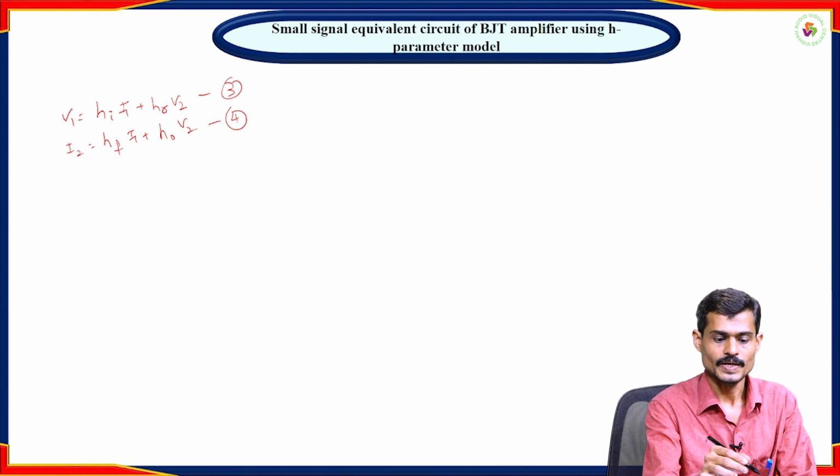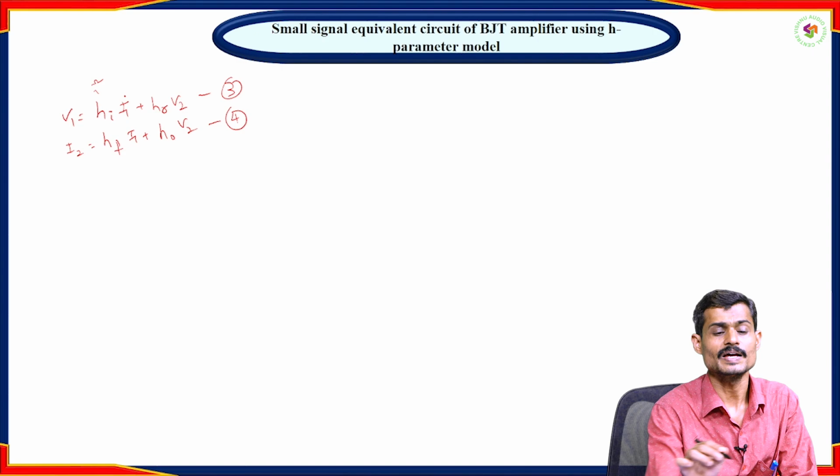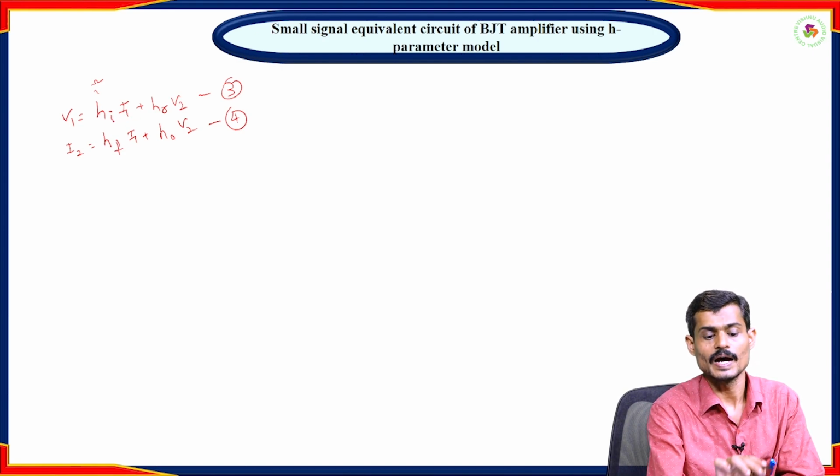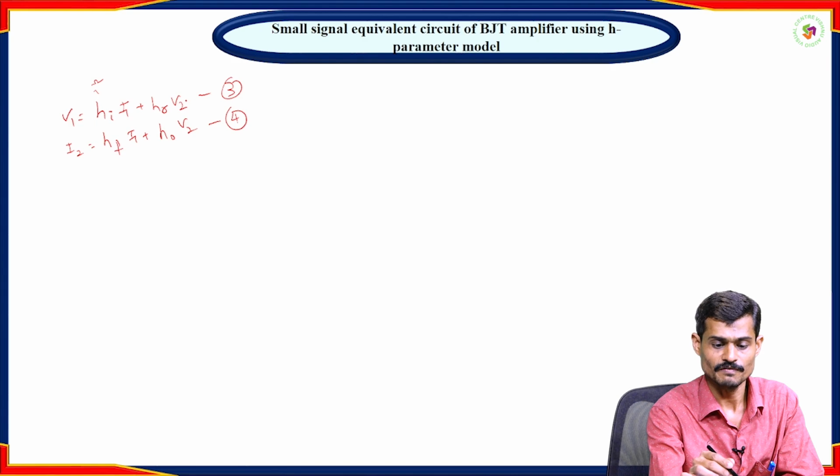HI into I1: HI has units of ohms and I1 is amperes, so it is a voltage. HR has no units, and it multiplies V2.